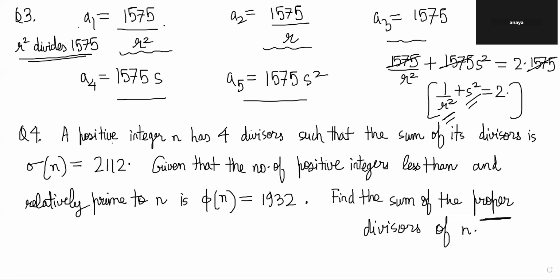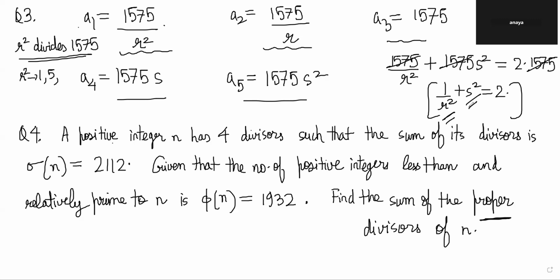Can 5 work? One second. 1 by R square. Okay, so what are the possible values of R square? R square could be 1, could be 5, if you divide by 5, you're getting 325. Could be other bigger numbers also.